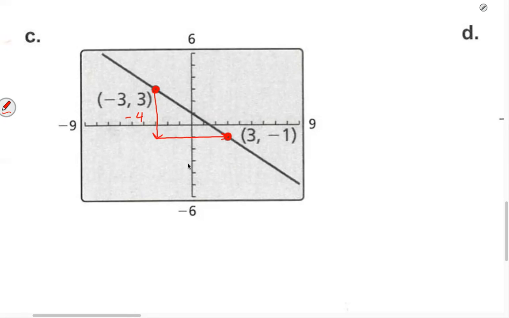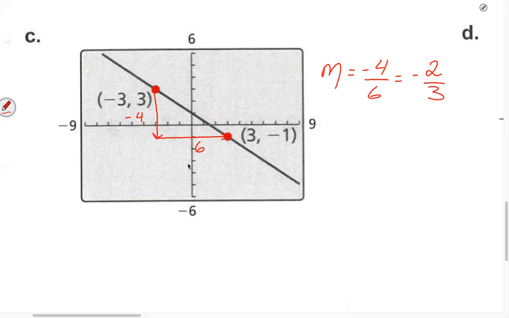And over 1, 2, 3, 4, 5, 6. So we're in agreement with that, right, Mr. Ferry? All right, so my slope is -4 over 6, which is what? Negative 2/3. You okay with that?